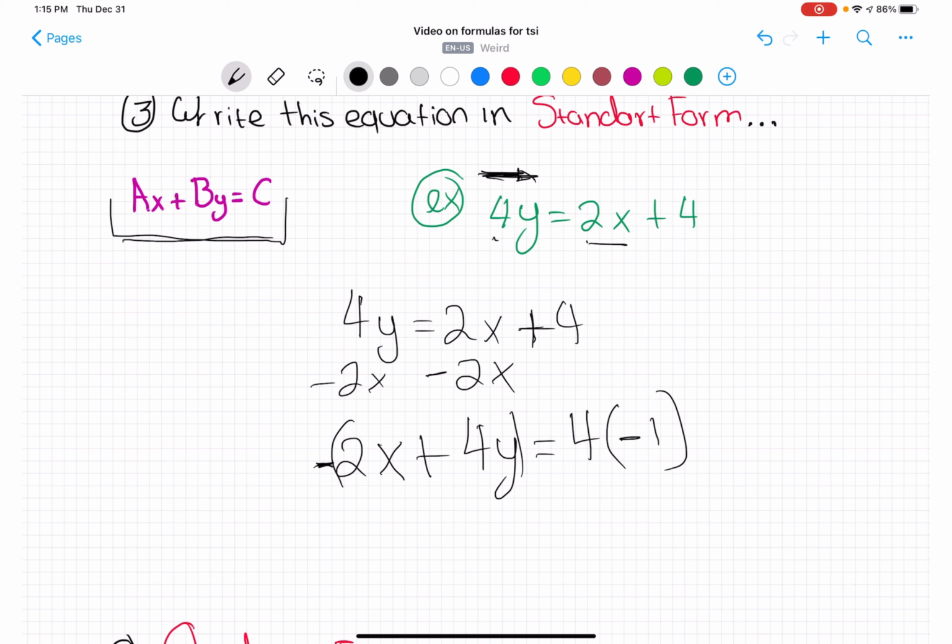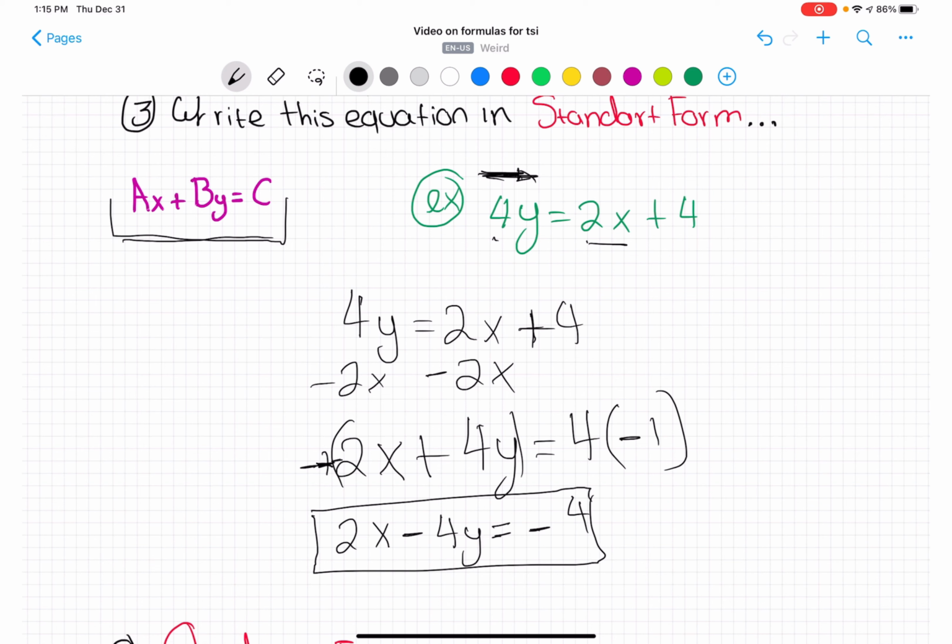So here, since this is negative, I'm going to multiply by a negative 1 again. So it's going to be 2x minus, because negative 1 times positive 4y is going to be minus 4y, and that will equal negative 4. And with this, you are basically done.